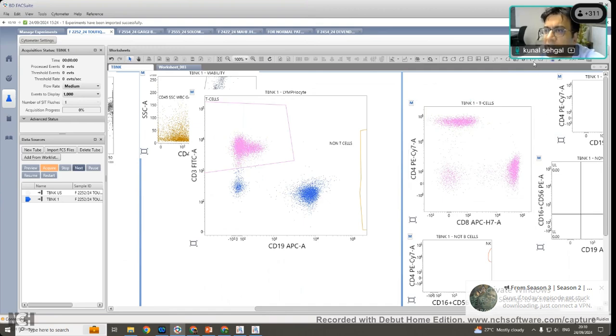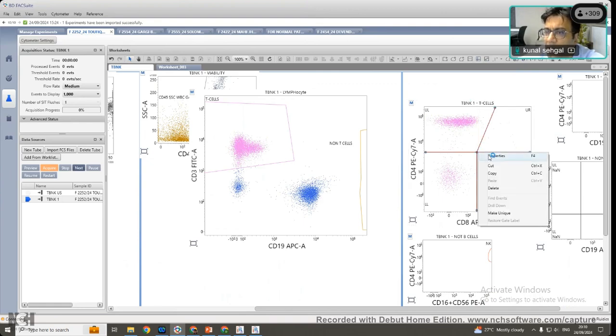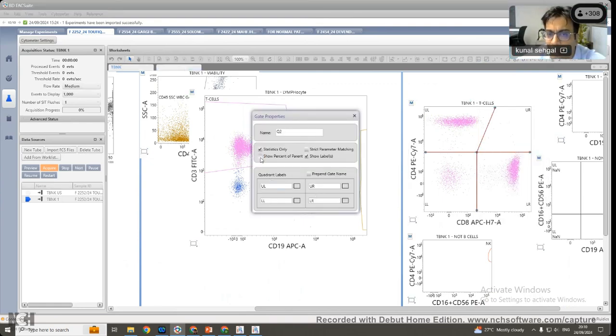The other easier way, when you are doing CD4 CD8 subsets, is that the software allows you to put a quadrant. I can say this is T lymphocytes and label the quadrants.